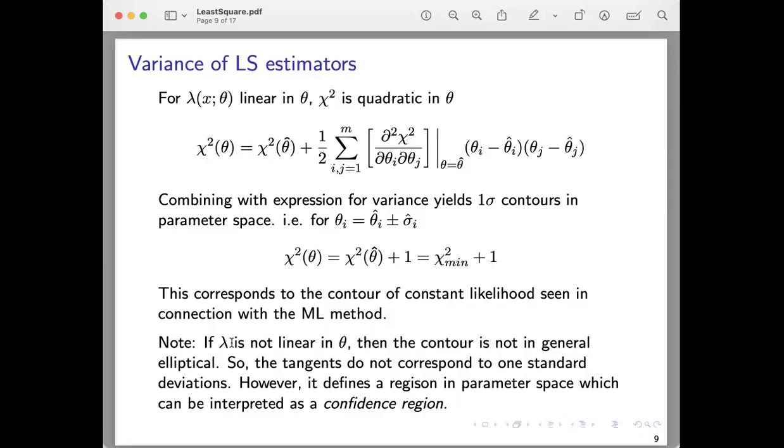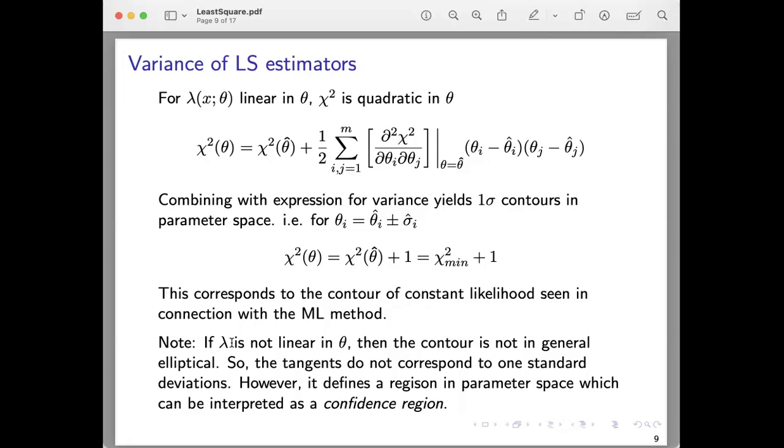Now, if lambda is not linear in theta, then the contour will not in general be elliptical. Lambda may not be exactly a linear combination of theta, but in that case you can still get this contour, though it will not be elliptical.